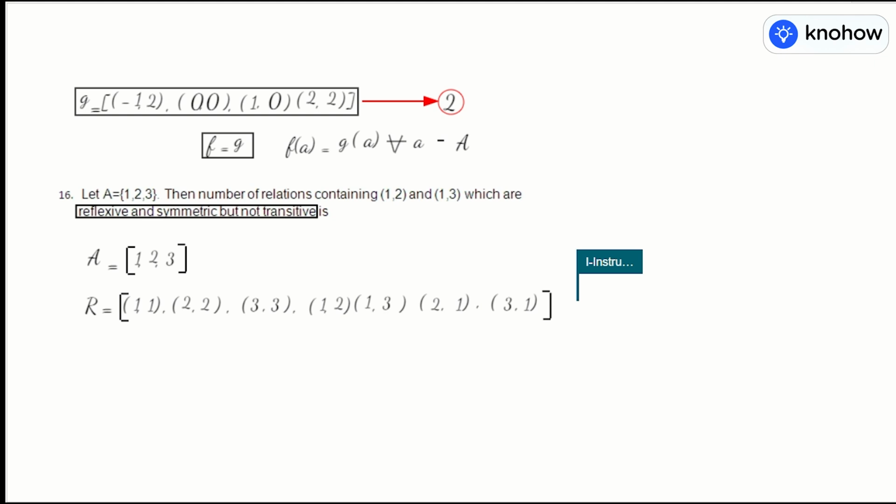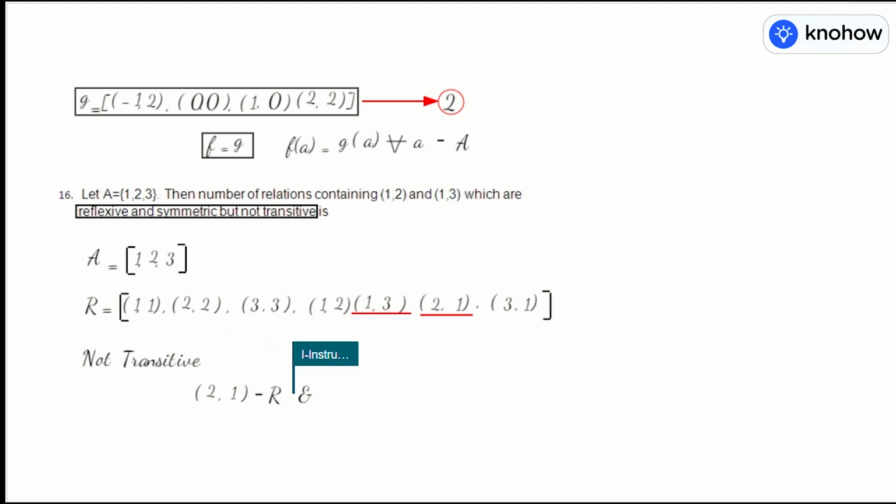But we have further to find out that it should not be transitive. So can I find a pair of elements here? For example, look at these two elements, (2, 1) and (1, 3). (2, 1) belongs to R and (1, 3) belongs to R. For a relation to be transitive, if a is related to b and b is related to c, then a is related to c. 2 is related to 1, 1 is related to 3.